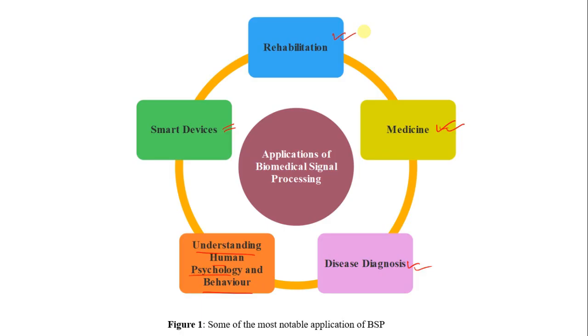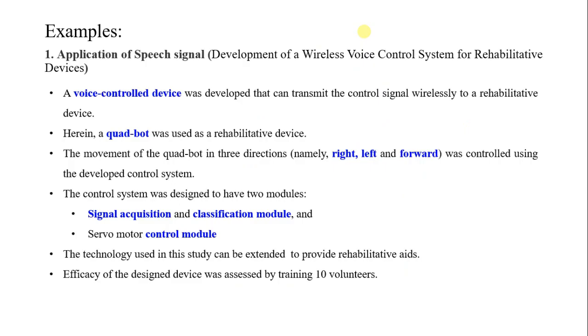Next is the application of the speech signal. Speech signal is another kind of biomedical signal. The reason being, depending upon the nature of our voice, we can say whether there is any disease or not. For example, whether we have a cold or not, or whether there is any infection of the pharynx, what we call pharyngitis, and all these things.